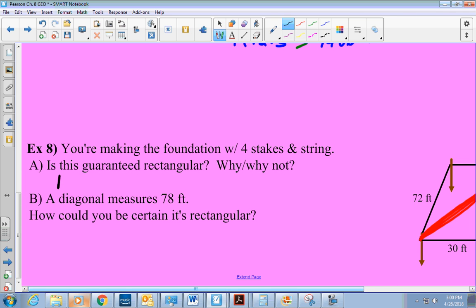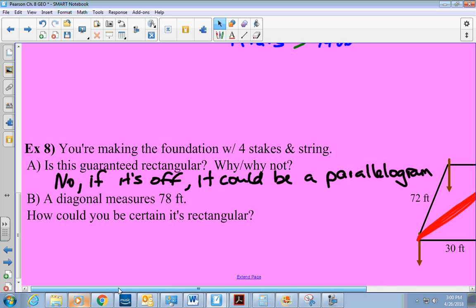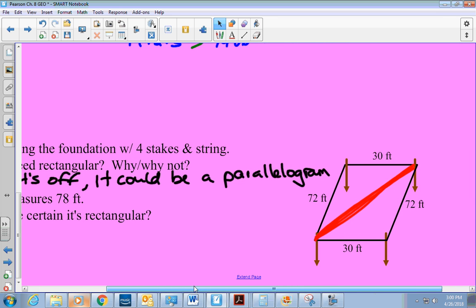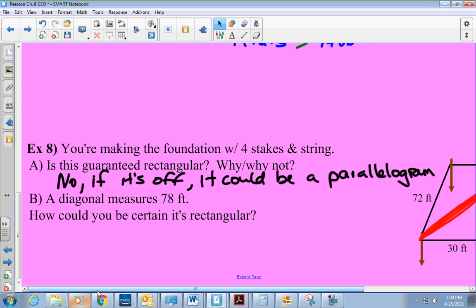We say no. If it's off, it could be a parallelogram. And in fact, this picture kind of looks parallelogram-y, like this.